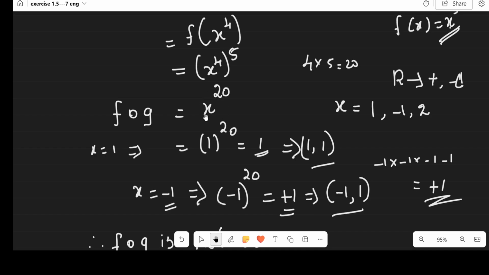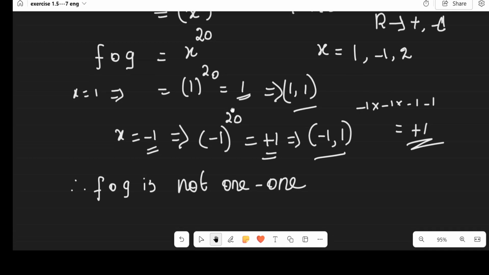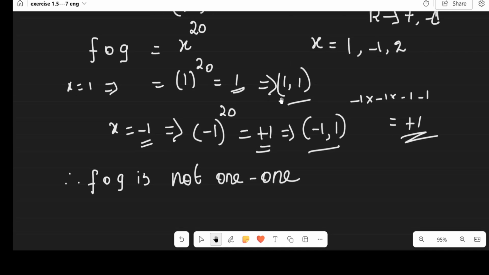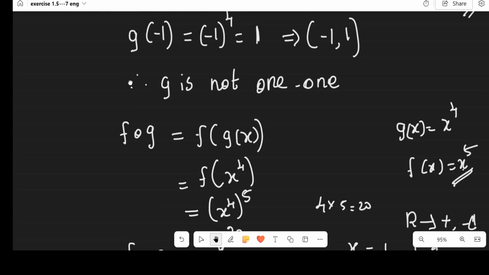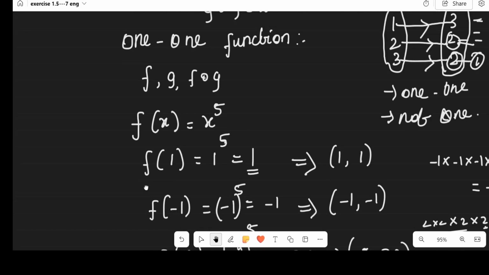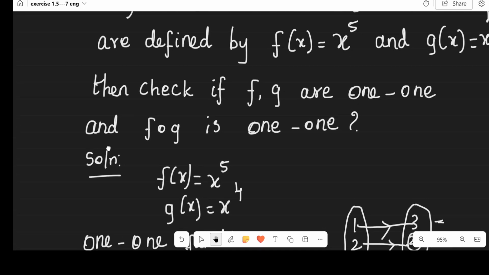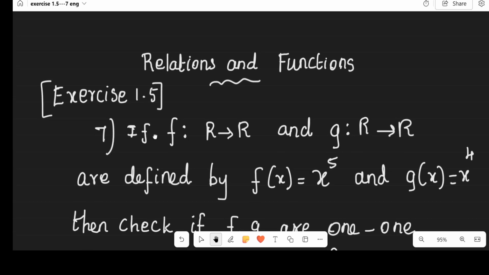In this case, we should apply different values, plus or minus, whatever. We'll be getting this kind of input and output. If you are getting different outputs, then we can say it is 1 to 1, but we are getting the same output again, so we should say this is not 1 to 1. This is all about problem number 7 in exercise 1.5.